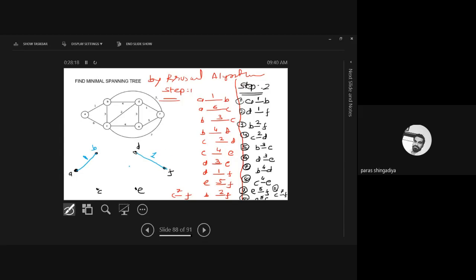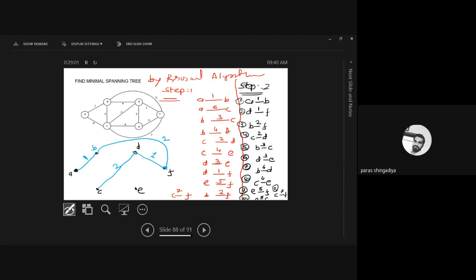After 2, B to F, that is B and F. Okay, that is a 2. And next is C and D. Still the graph has no cycle you can create. Okay, that is also a 2. Clear? C and D. 2 is now complete.